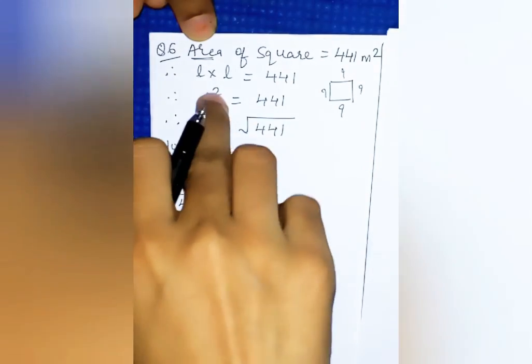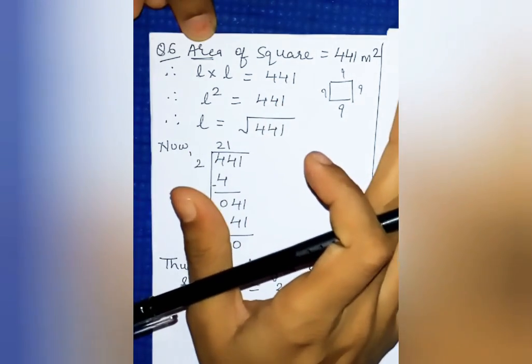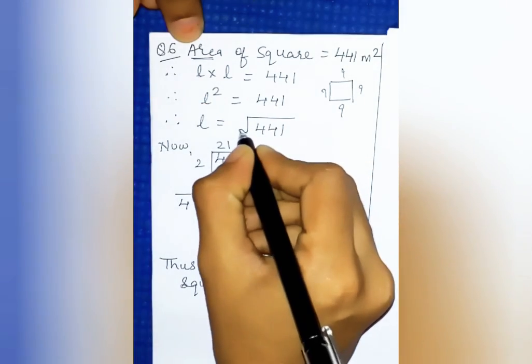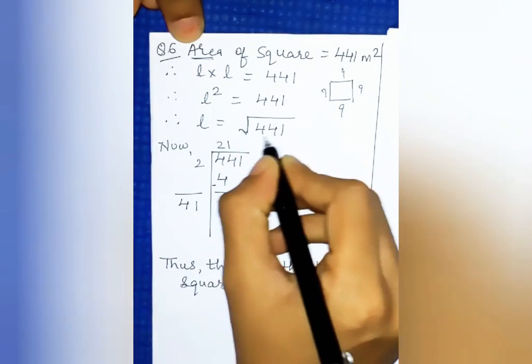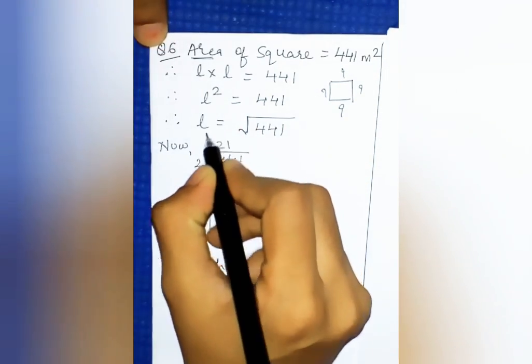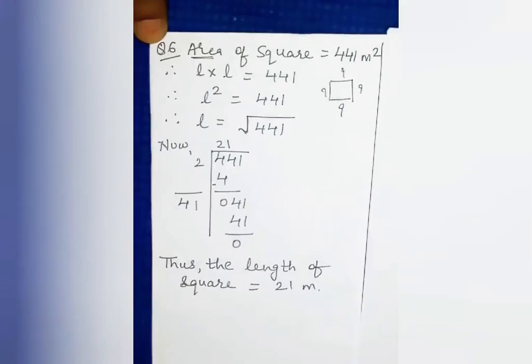Now when we take this square to that side, it will become root. Okay, I hope I'm clear. So this square we will remove, so this side only l, because we want to find the length. So l equal to root of 441.